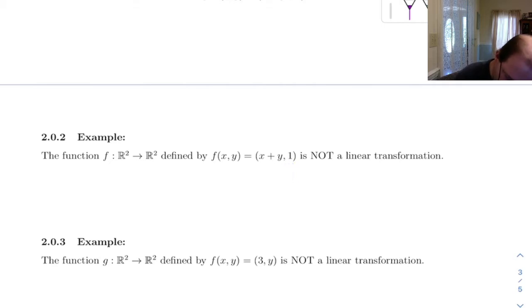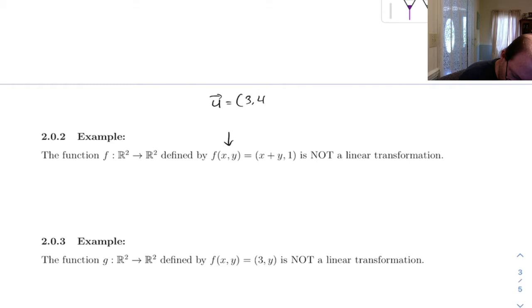Let's pick two random vectors in here. Let's say that vector u is (3, 4), and vector v is (2, 2). We're going to see that this doesn't work. If we take f of u plus v, what is that?